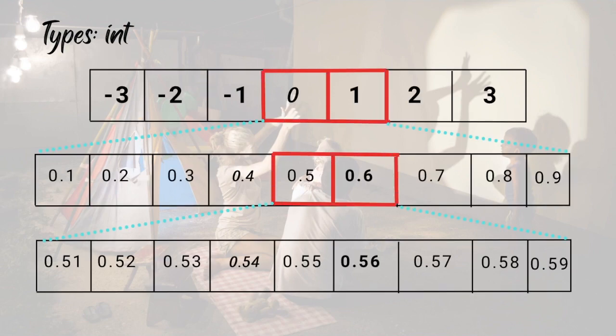Floats are real numbers. They include the integers but also numbers in between the integers. Consider the numbers between 0 and 1. We can select numbers in between them. These numbers are floats.